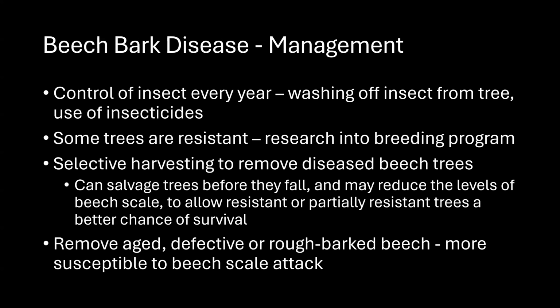So there's a lot of different ways that you can manage this disease without it being a total loss. So, if there's some positive to say with that, we still can find healthy trees. This isn't a complete decimation like some of the other diseases that we've come across with other tree species.